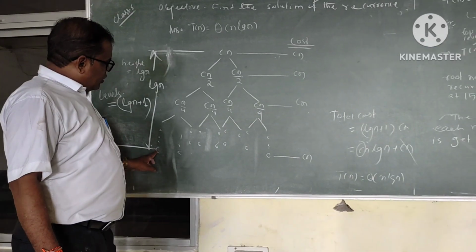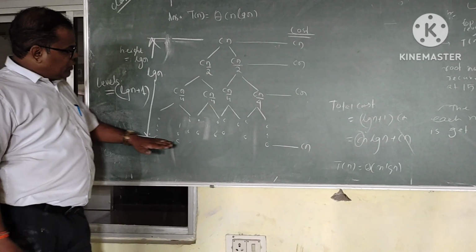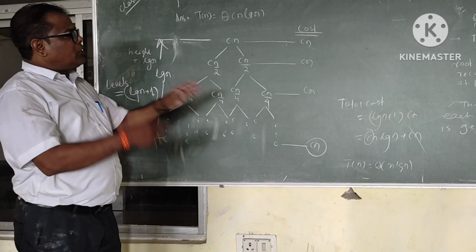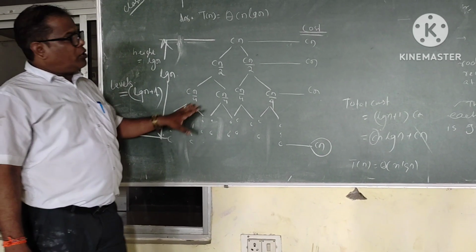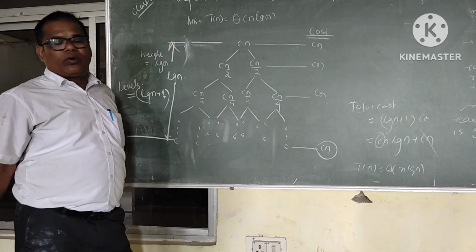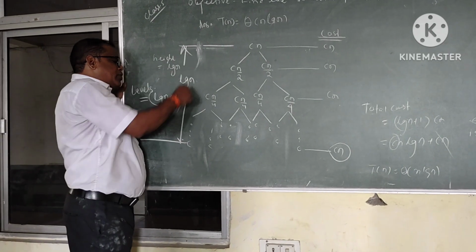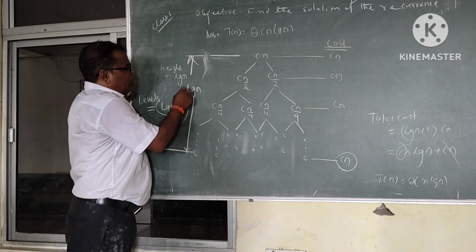Now aggregate the cost at the leaf level; the cost will be Cn. My question is, what is the total cost incurred for this recursion tree? For that, we have to find the height of the recursion tree.